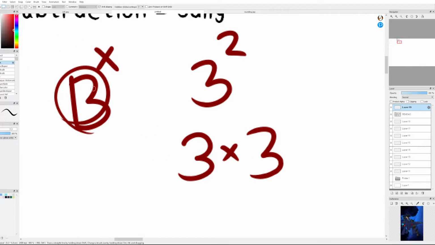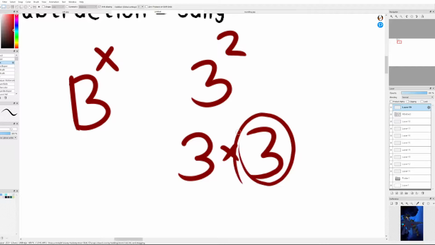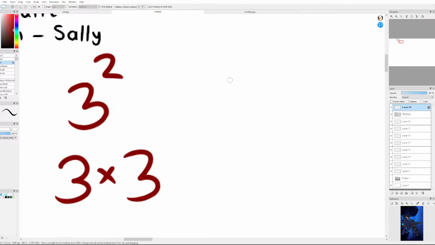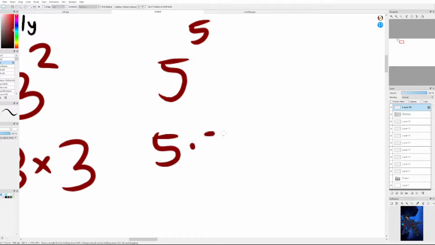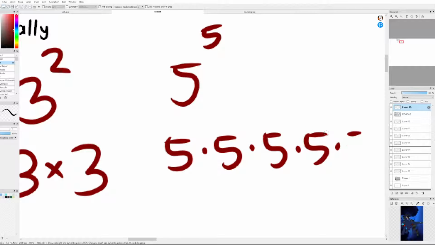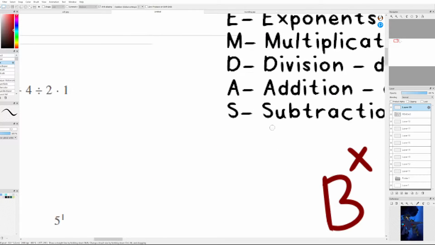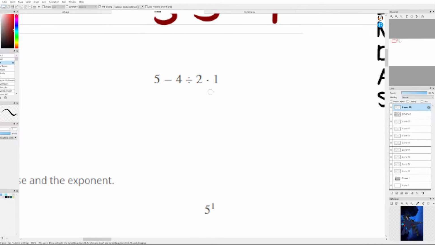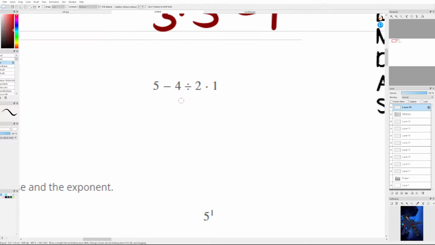The base is what you're going to be multiplying by itself, and the exponent is how many times you are multiplying it. So if you had something like 5 to the 5, it would be 5 times 5 times 5 times 5 times 5. In this example, it's going to be 3 times 3 because it's 3 squared, which is going to give us 9.